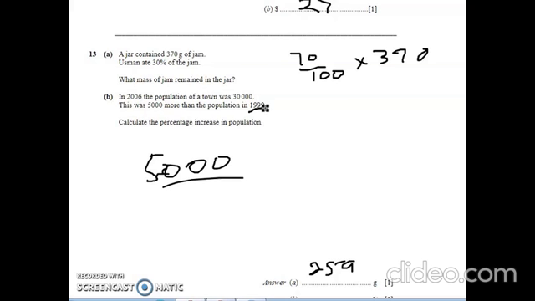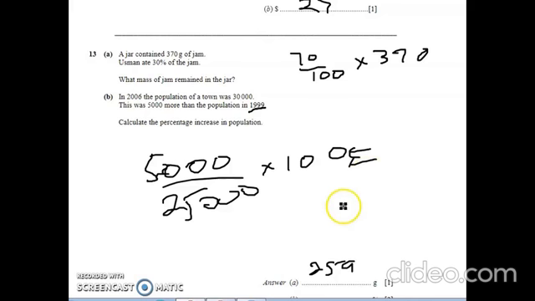For that, we need to subtract 5,000 from 30,000, and that is 25,000. Because the old population will come in the denominator, multiplied by 100. So 5,000 divided by 25,000 multiplied by 100. The answer is 20%.